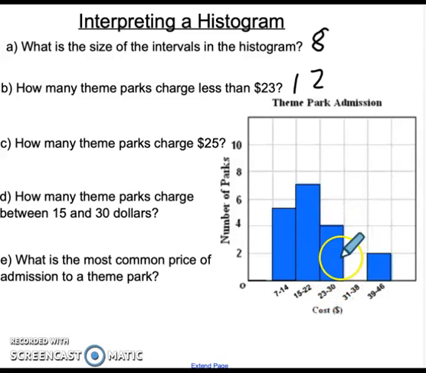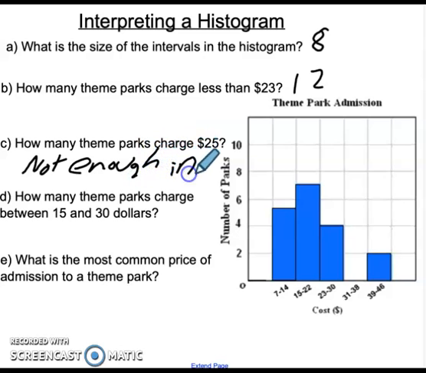These might all 4 be 25, or maybe they're all 23, or they're all 30, or there's a mix of them. So I can't tell how many are exactly 25. I'd have to say, not enough information. I cannot answer some of those specific questions with histograms.